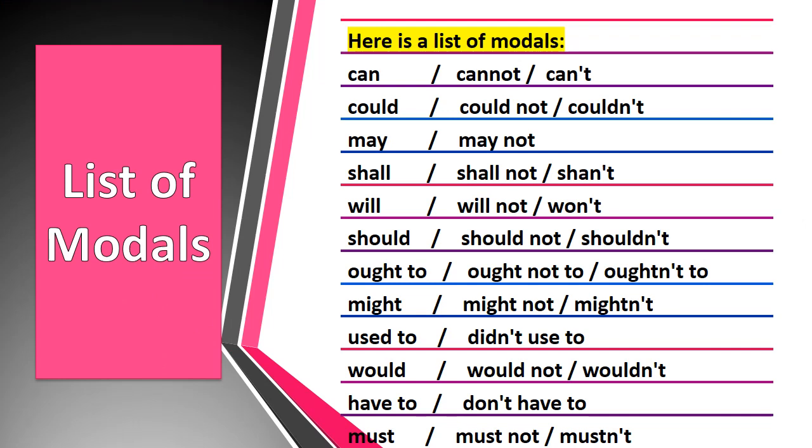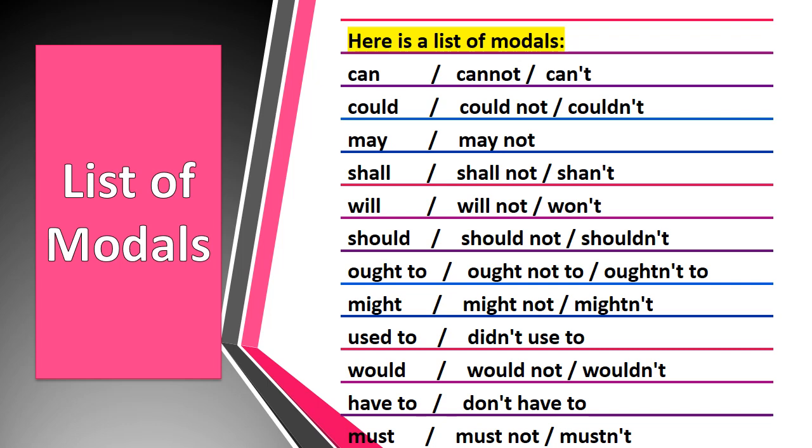Now students, here is a list of modals and their negative form or contracted form. Can is the modal, its negative is cannot. And these modals can also be written in contracted form. So contracted form of cannot is can't.